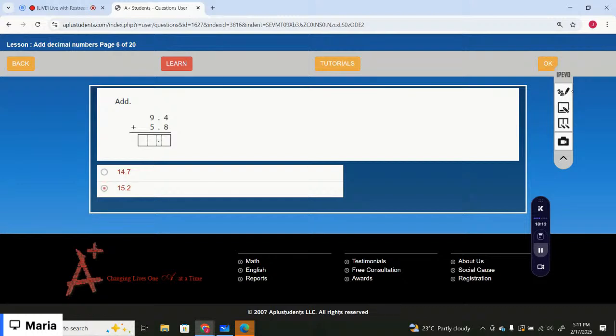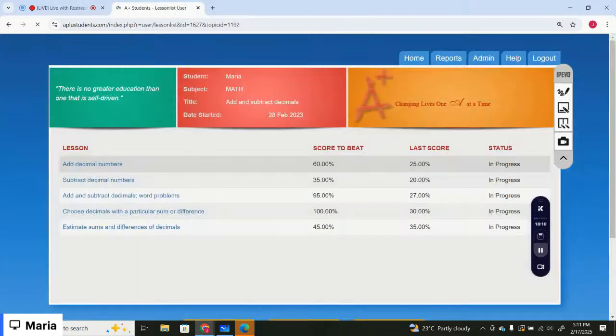Okay, you can complete the lesson by yourself later today. Let me just move on to the next lesson. The next lesson is subtract decimal numbers.